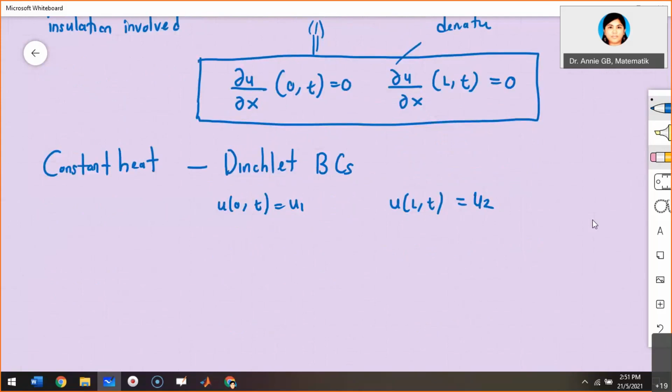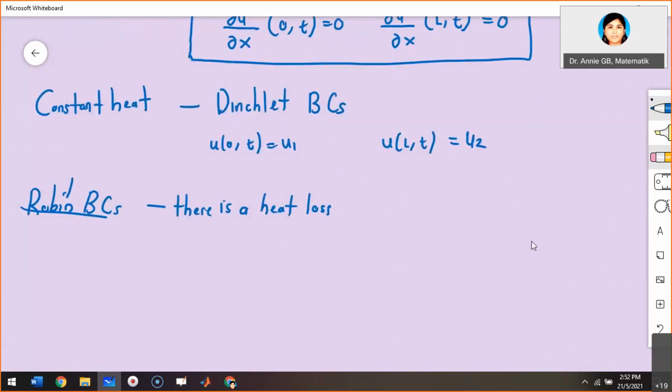Now, kalau kita katakan Robin condition, Robin boundary condition ni biasanya when there is a heat loss. Kalau misalnya soalan tu kata heat is lost, okay?